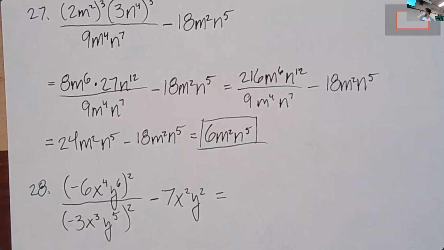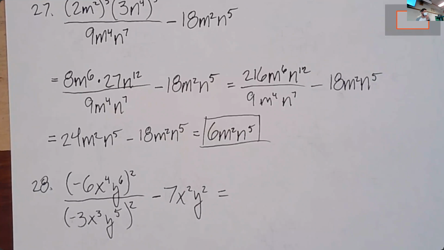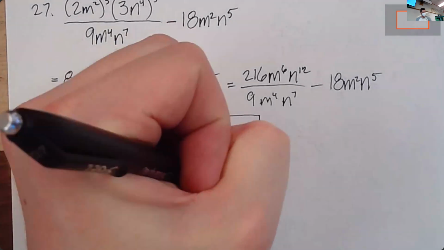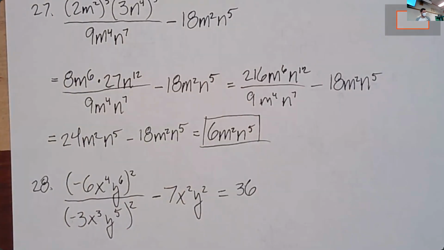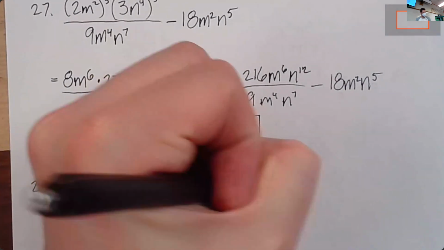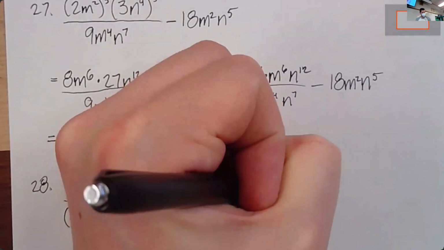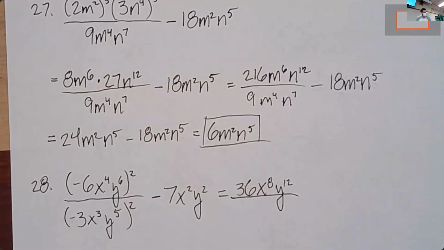Apply our exponent of 2, negative 6 squared. What's negative 6 times negative 6? Yep. So it'd be multiply together, 6 times 6? 36. Yep. And then multiply the exponents here. 4 times 2 would be x to the 8th. And 6 times 2, y to the 12th, over.